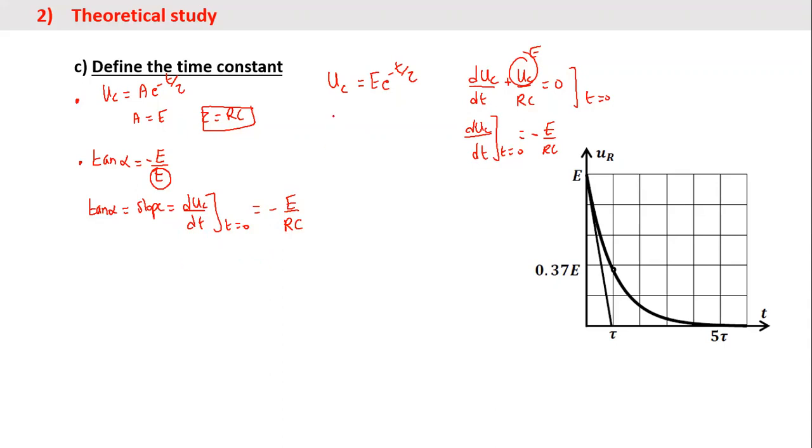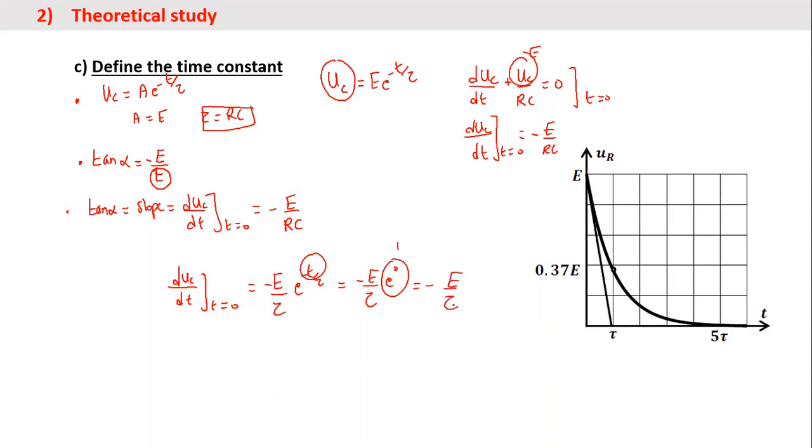In another way, if I find duc by dt, I will get duc by dt at t equals 0 equals minus E over tau, e to the power minus t over tau. If I want to find it at t equals 0, I put 0 here. So I'll get minus E over tau, e to the power 0, and this is equal to 1.